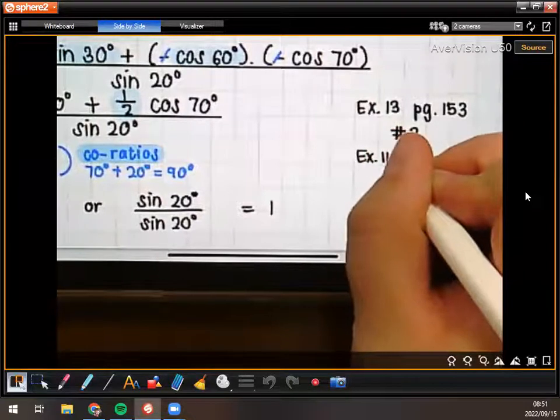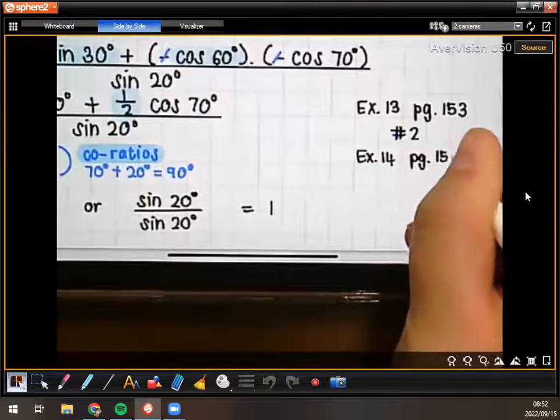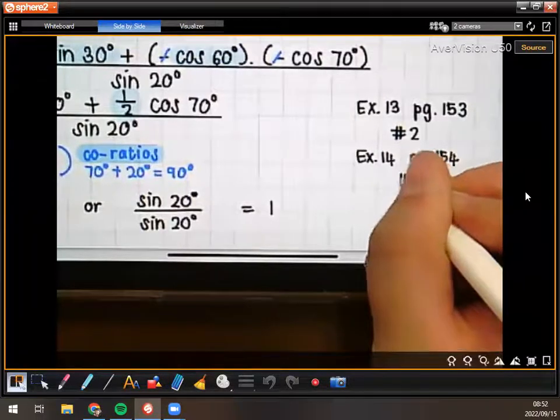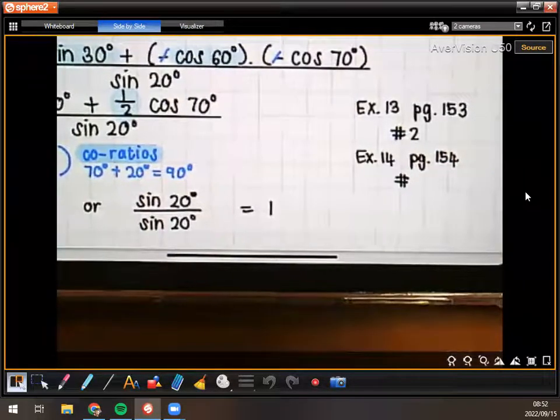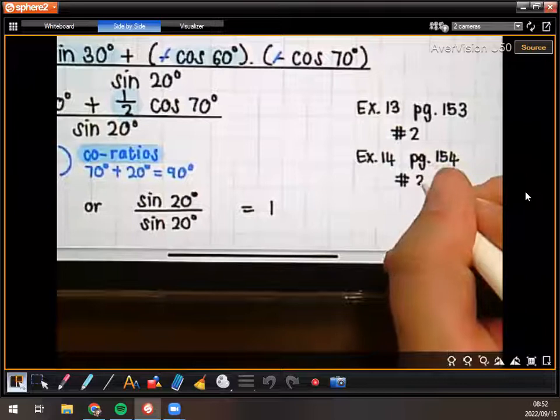And then exercise 14 on page 154, if you can please do number 2.4.